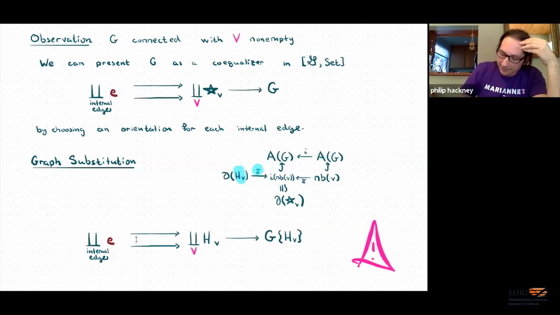And then these isomorphisms, more or less going to the neighborhood of V in the big graph G. Okay, and if I do that, then what I'm able to do is just replace this star V up here with the HV down here, and tweak these two maps in my co-equalizer a little bit, and then that works out.